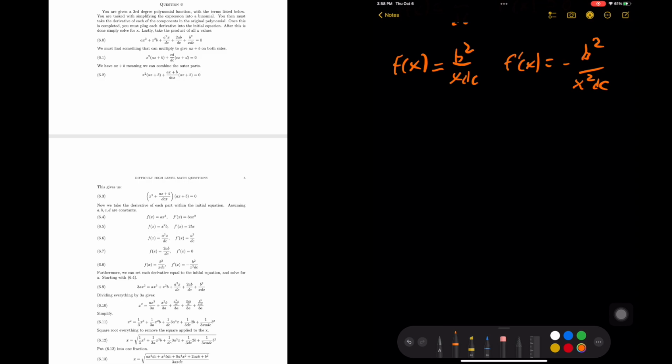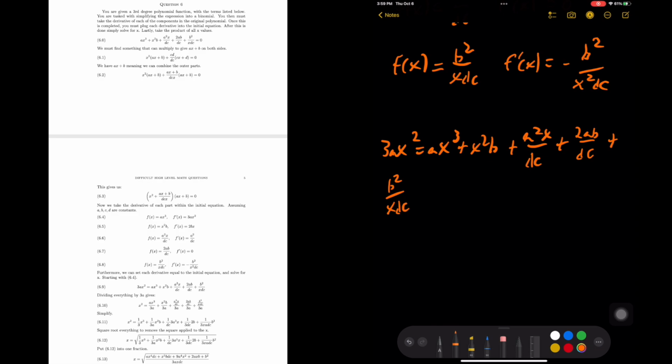So we're plugging in the derivative, so we have 3ax squared is equal to ax cubed plus x squared b plus a squared x over dc plus 2ab over dc plus b squared over x dc. So now we can simply solve for x.